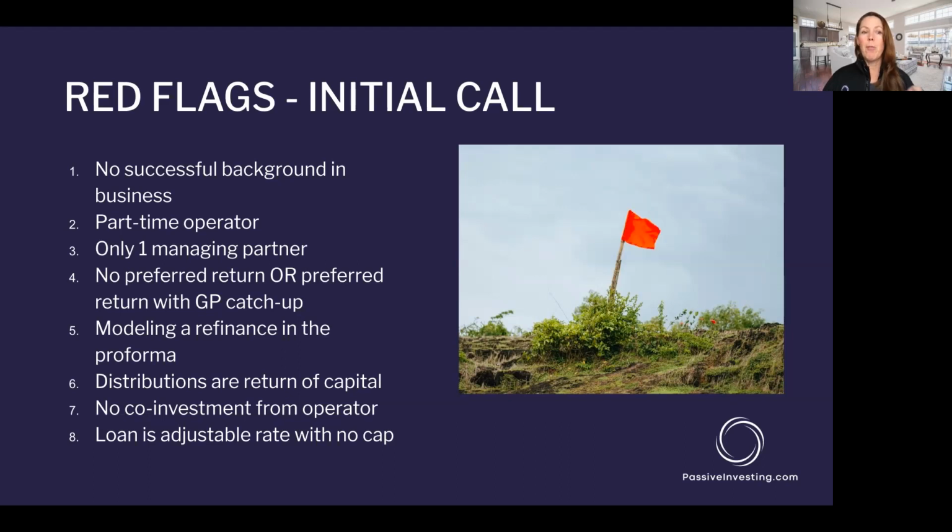All right. Number 4, they have no preferred return, or a preferred return with a GP catch-up. Number 5, they're modeling a refinance into the pro forma. I see several groups do that. If you do see that, ask for the underwriting and back out the refinance, because it makes sure the returns work before you invest.